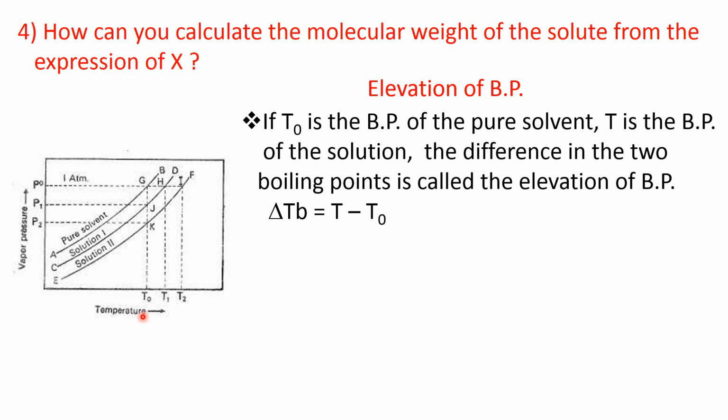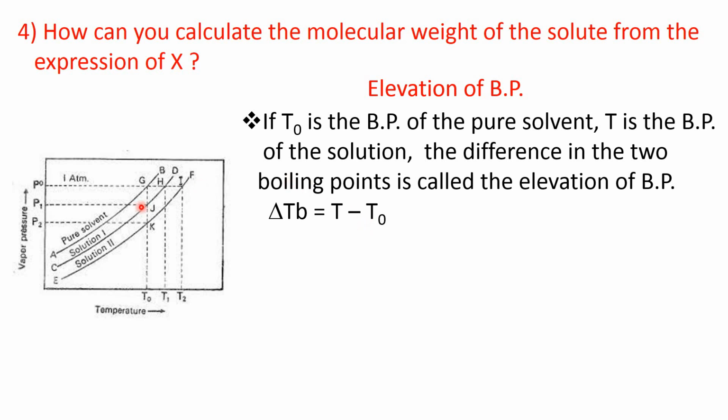When you add a little amount of non-volatile solute, say sugar, the solution starts boiling at a temperature T. Obviously, T will be higher than T0, as I already explained. Then the elevation of boiling point delta TB will be equal to T minus T0, that is, the boiling point of the solution minus the boiling point of the pure solvent.